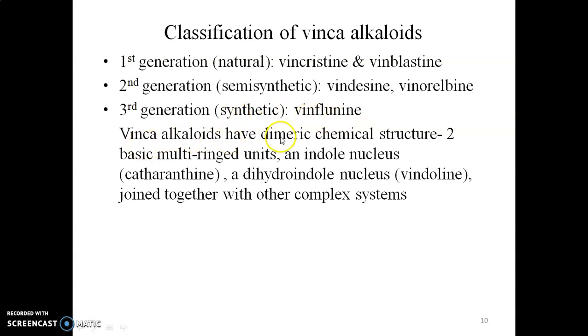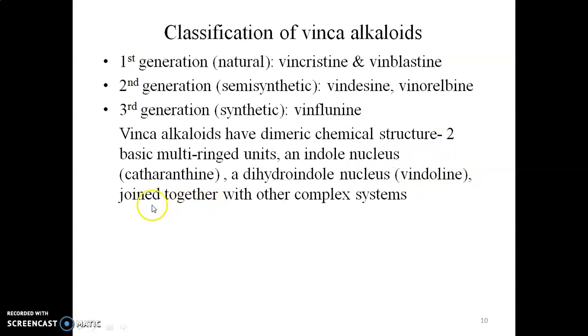Vinca alkaloids have a dimeric chemical structure, that is 2 basic multi-ringed units. So dimeric means they have 2 multi-ringed units in them. One is the indole nucleus, the other is the dihydroindole nucleus. The indole nucleus in Vinca alkaloids is referred to as the catharanthine nucleus, and the dihydroindole nucleus is referred to as the vindoline nucleus.